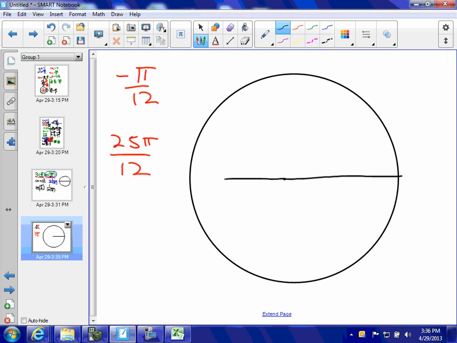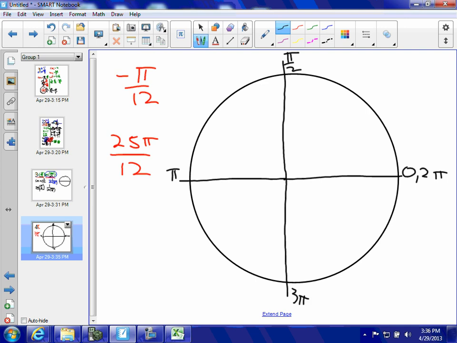I'm going to draw my x-axis and my y-axis. Here I have 0 and 2 pi, halfway around the circle I have pi, a quarter of the way around I have pi over 2, and down at the bottom I have 3 pi over 2.